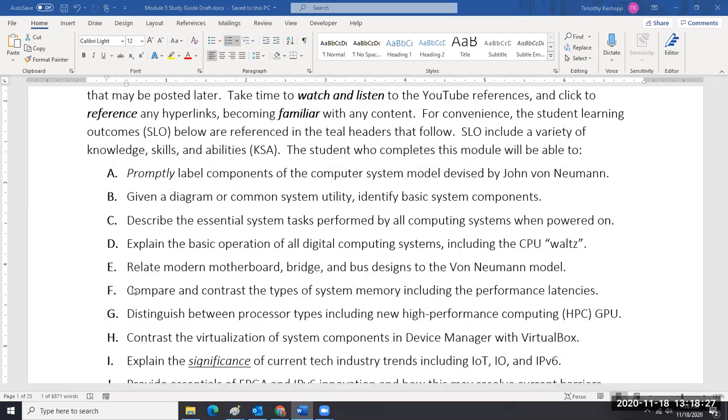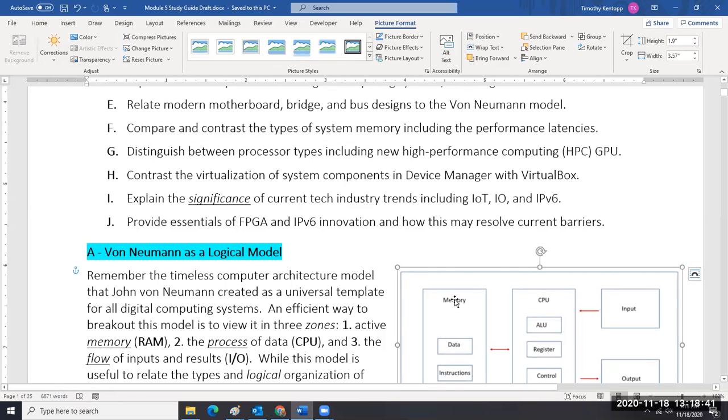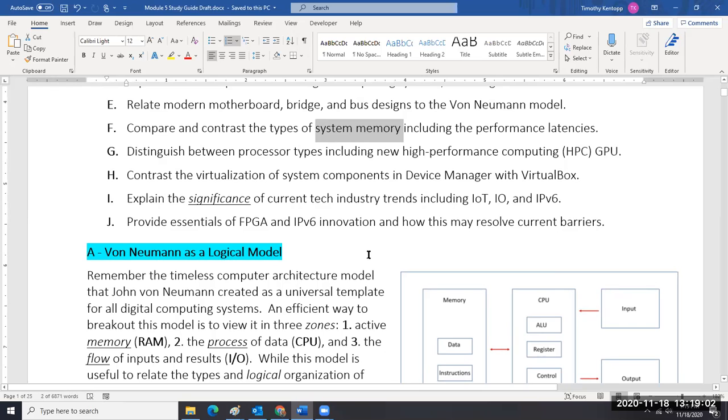Okay, so let's talk about the types of system memory. Now, when we say memory, here is where we're going to have a problem. So we have non-volatile memory, which is in a hard disk, and we have volatile memory, which is in RAM. And the von Neumann diagram just has the word memory. When I'm talking about system memory, I'm talking about both hard disk and RAM memory, and I'm talking about registers on the CPU.